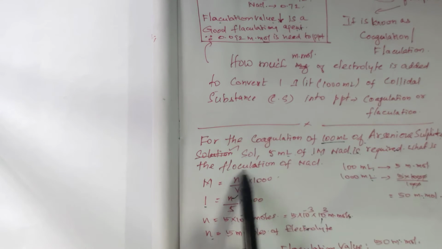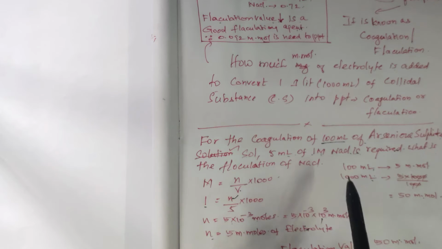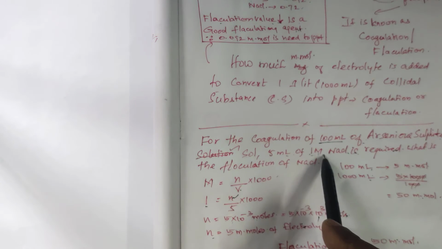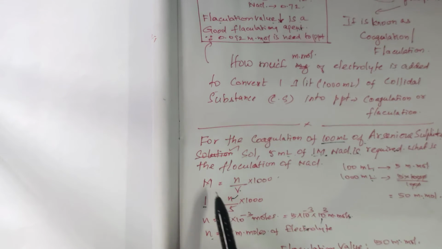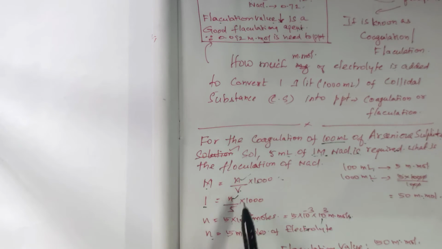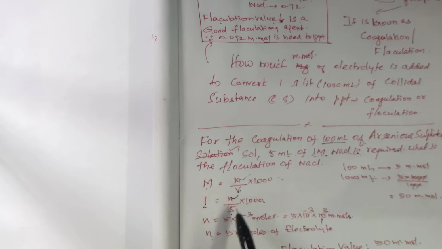What is the flocculation value of sodium chloride is asked. The molarity is given, that is 1 molar. So we will put a 1. The molarity is nothing but the number of moles per volume into 1000. Therefore we want to calculate the number of moles n, where V is 5 ml. So 1 equals n by 5 into 1000. We want to find n, so cross multiply. Therefore n equals 5 into 10 to the power minus 3 moles.